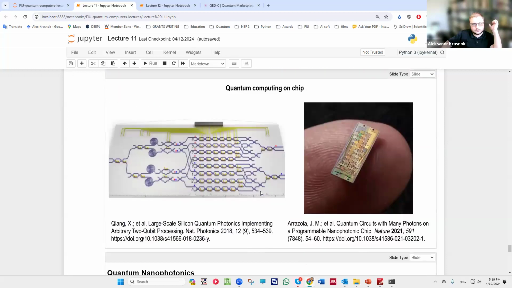And today, the trend is to scale down everything to a chip size, to chip scale, and operate with optical pulses, conduct optical computing, and build chip-scale devices.